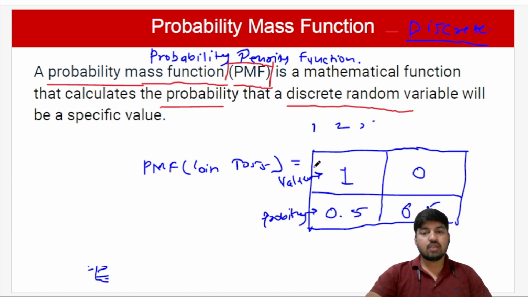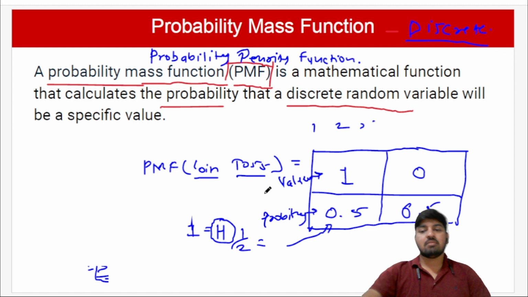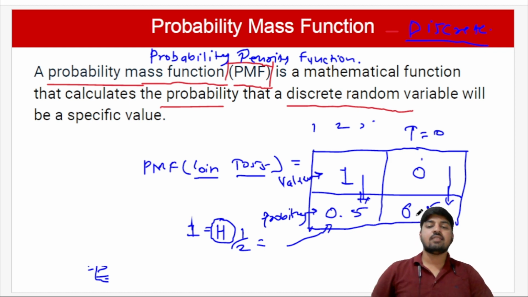So my random variable for the coin toss takes value 1 when it is heads. What is the probability that it will get heads? It is 1 by 2, so heads equals 0.5. The same is the case for tails. Tails takes 0, and for 0 it is again 0.5. Okay.